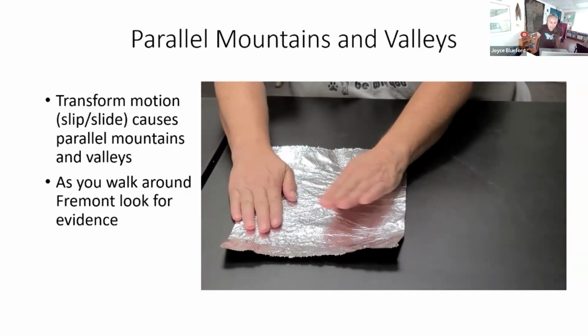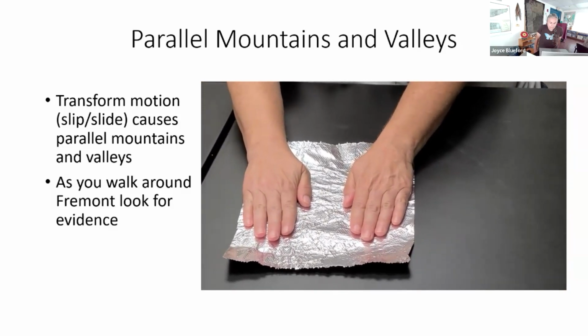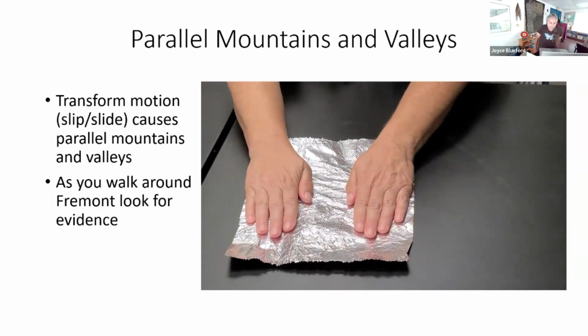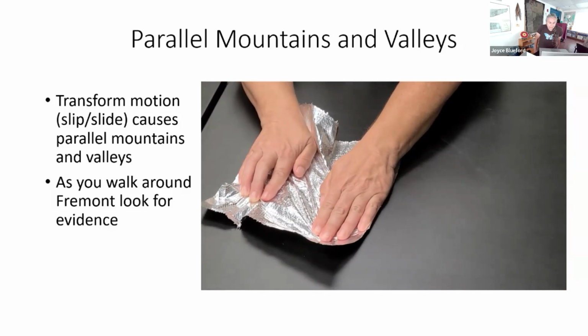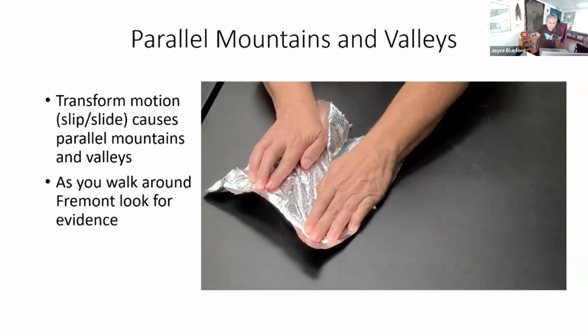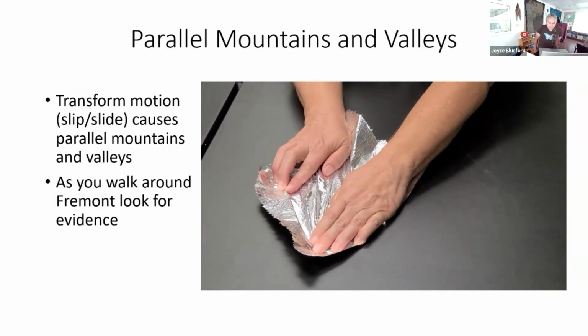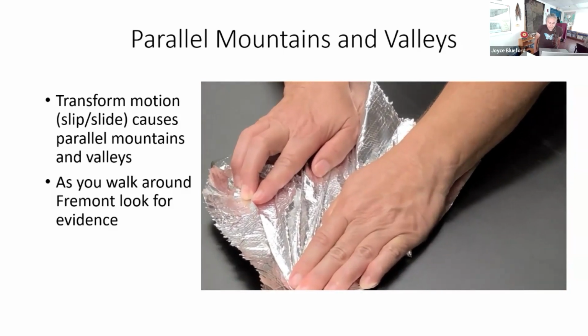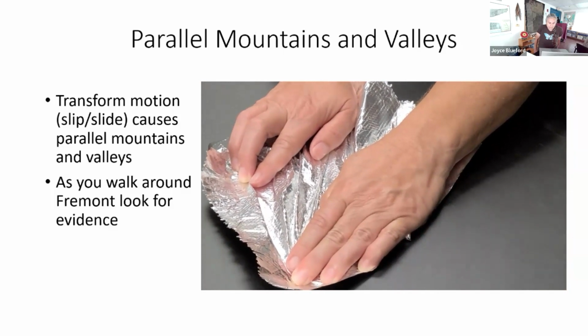Same thing, just flat out aluminum foil. I put my two hands, one's going to be the Pacific plate, one's the North American plate, and they're going to slip slide past each other. And as they slip slide, you'll see there, parallel mountains and valleys. So that's exactly how the mountains and valleys were formed in our area.